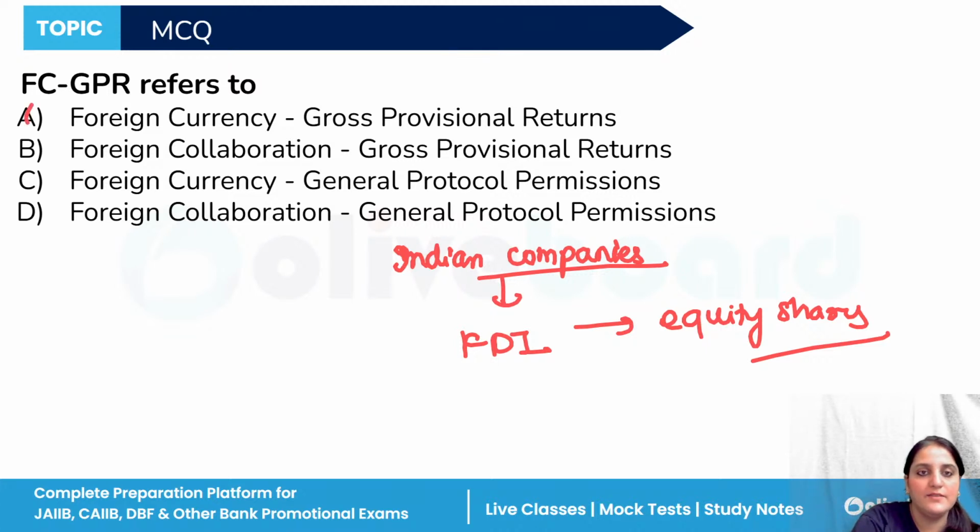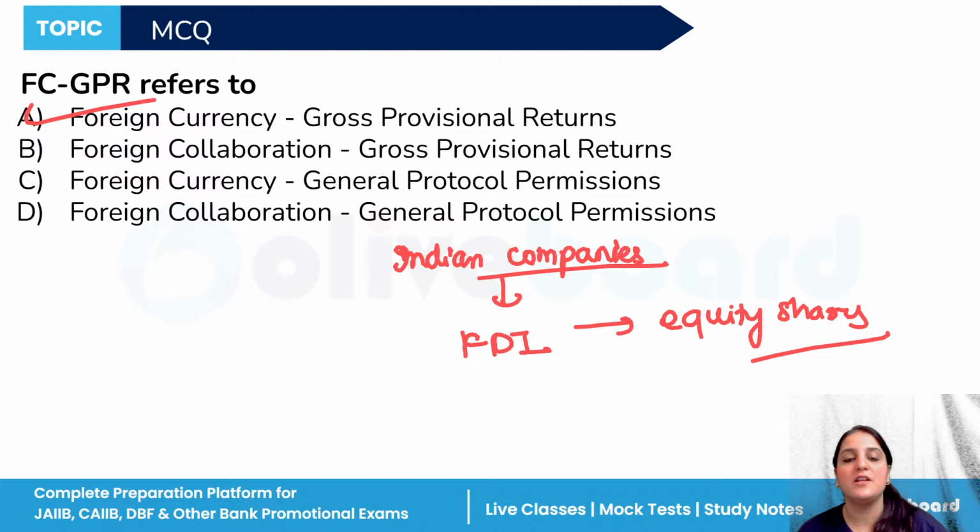So the correct answer is foreign currency gross provisional returns. Okay.